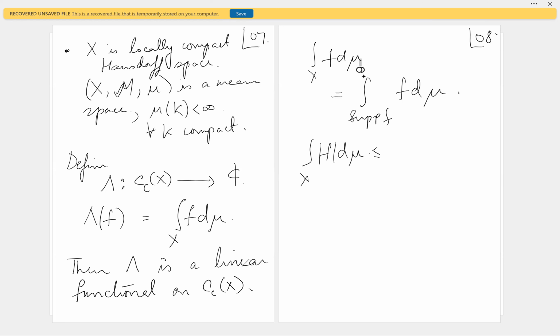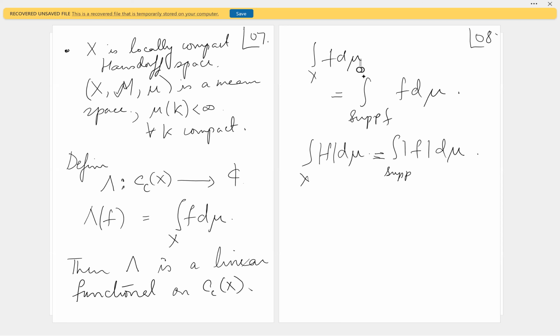Remember, we want to show it's integrable. So what's this going to be? f on the support of f is a continuous function on a compact set.